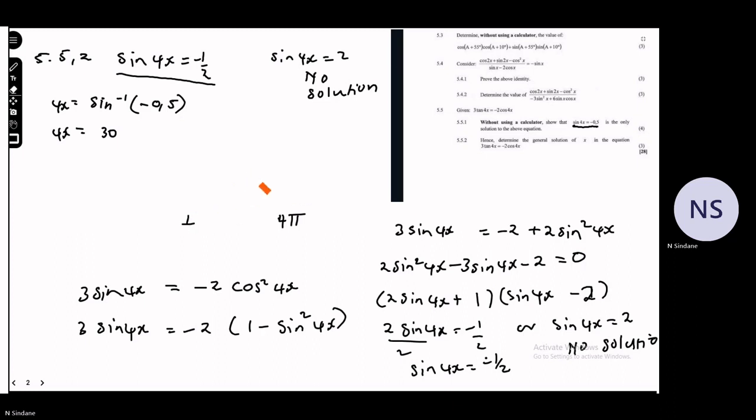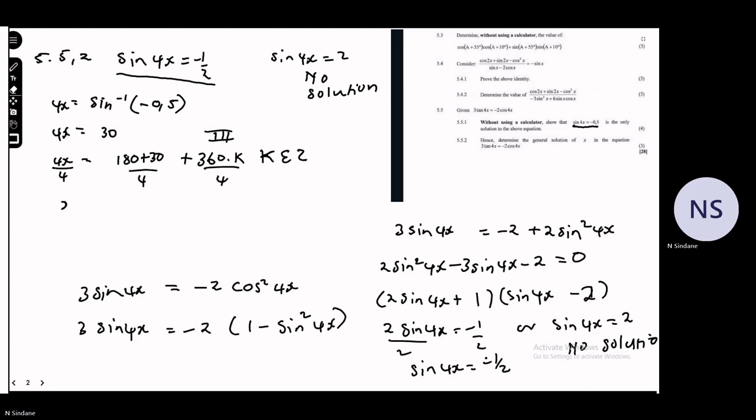So in the third quadrant, how will it look? Remember, 4x is equal to 180 plus 30, plus 360 multiplied by k, where k is an element of the integers. This is in the third quadrant. Don't forget. And then I'm going to divide by 4.